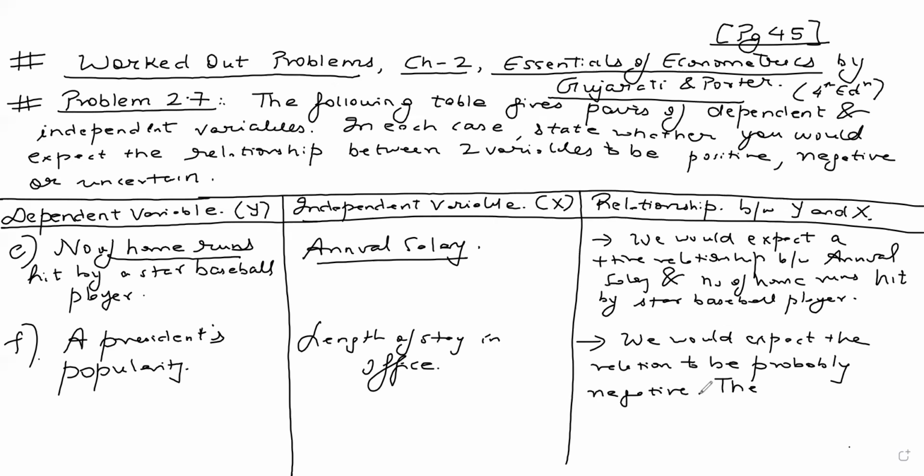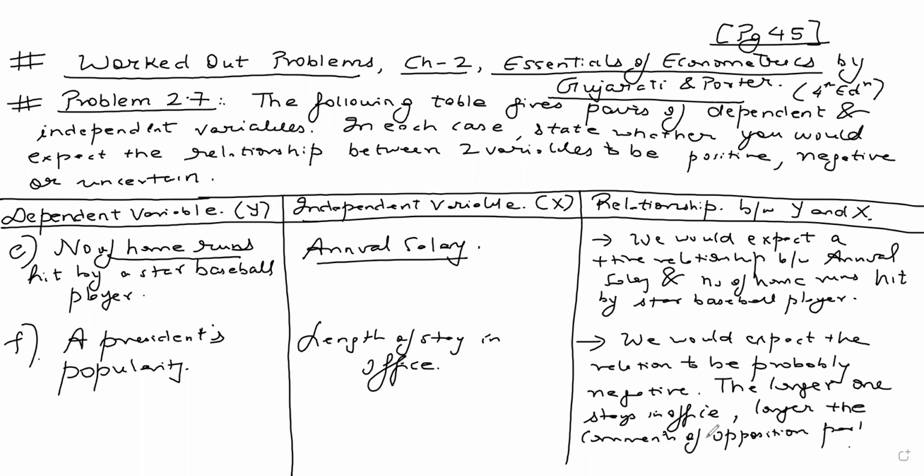So I can write this: the longer one stays in office, meaning in charge as the president, the higher the chance... or instead of writing it like this, I can write: the longer the comments of the opposition party unfavorable to the required person, which might cause the popularity to go down.